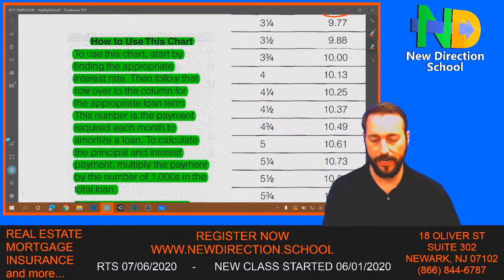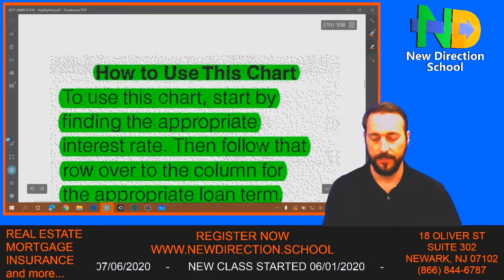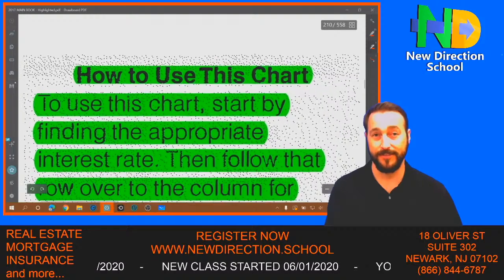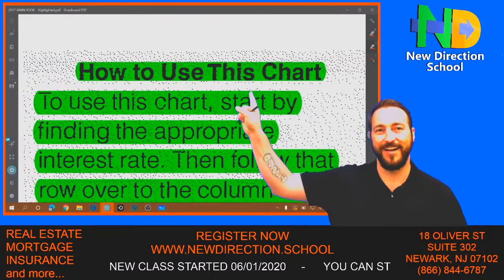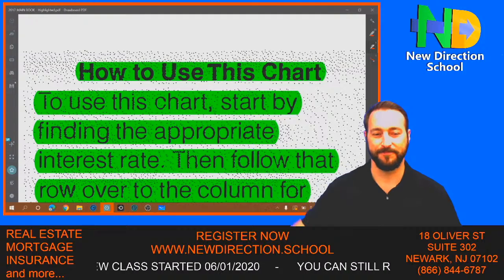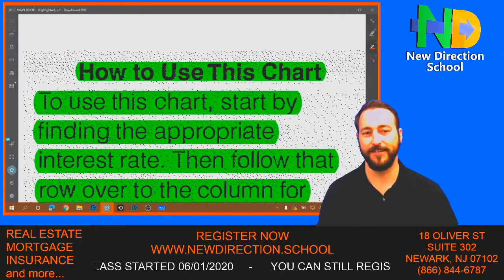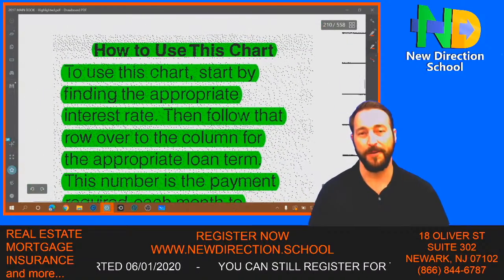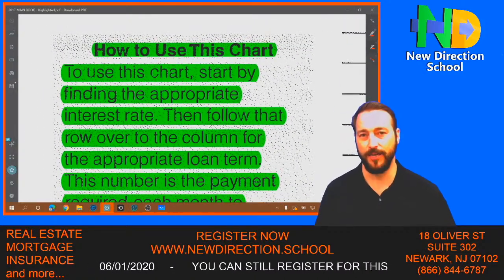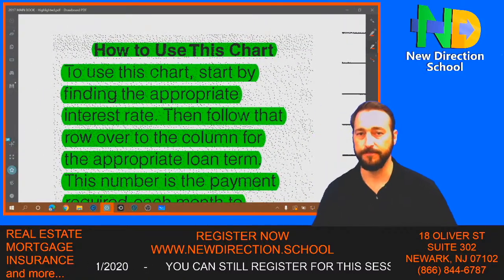What I want to show you guys, if you don't know how to use the chart, is to the left, you can practice by following these steps. How to use this chart. Ready? To use this chart, we start by finding the appropriate interest rate, so the column with the interest.